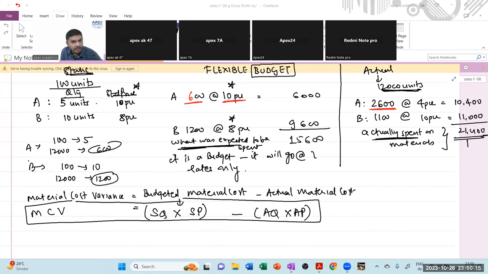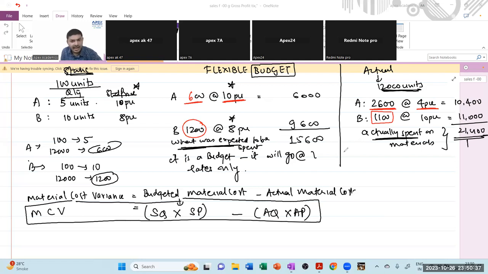You thought one unit will come for 10 per unit. I got one unit for 4 per unit. Say something about this. I have purchased it for cheaper. You will be like, yes, you're right. Second, you expected the job to be done in 1200. I will put my hat up and say, I did it in 1100, better than what was expected.